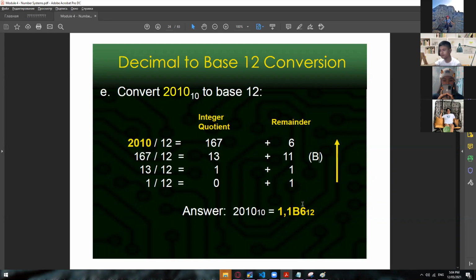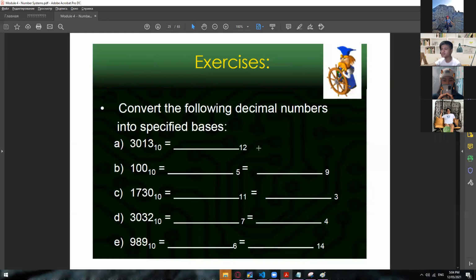Okay, so are you guys able to follow with example letter E? Okay, very good. Next is supposedly your second exercise if we are in a face-to-face method. But again, you don't need to answer this one.